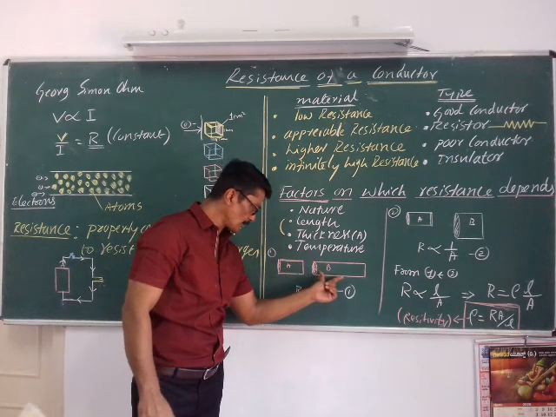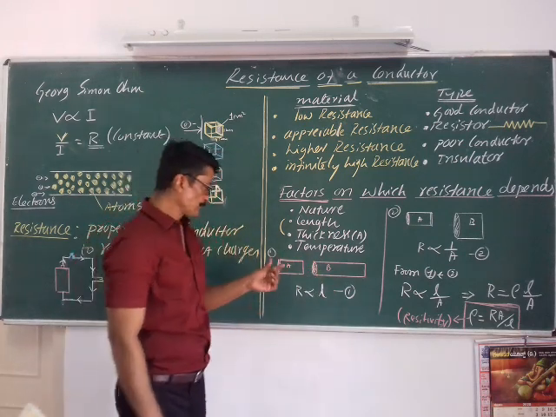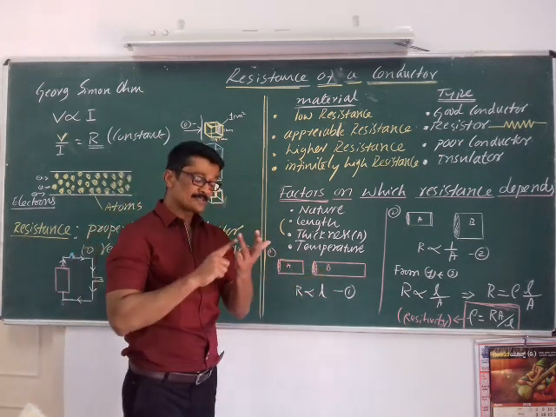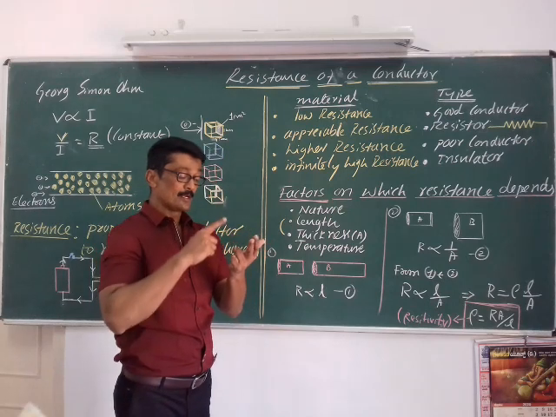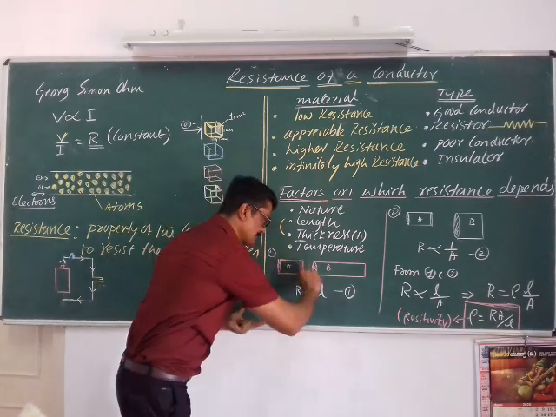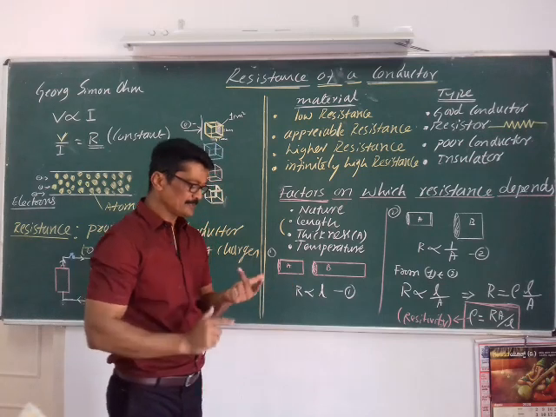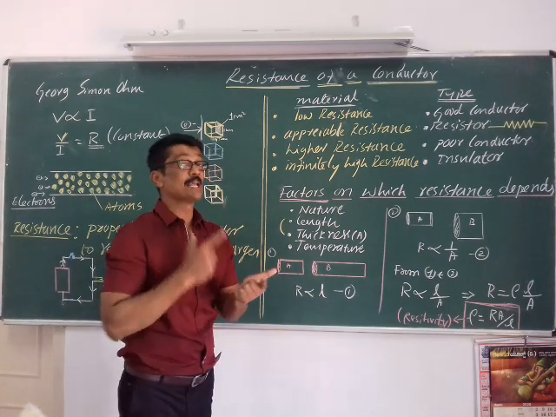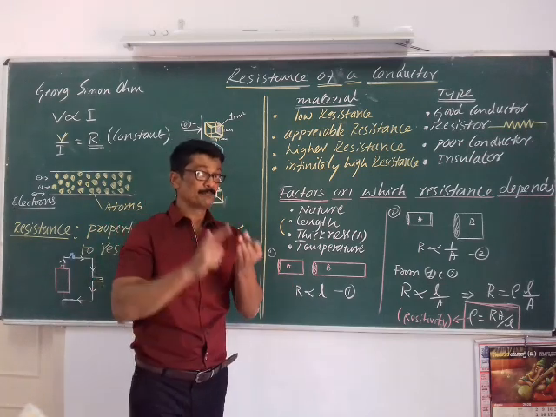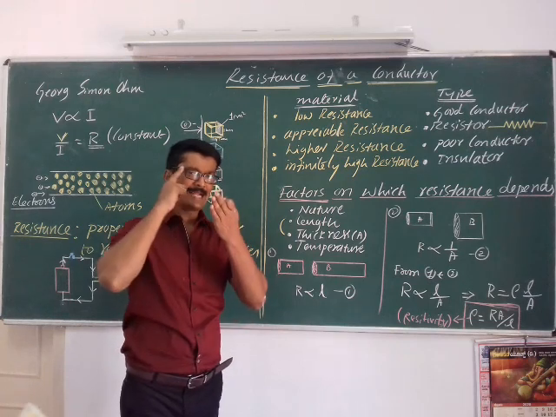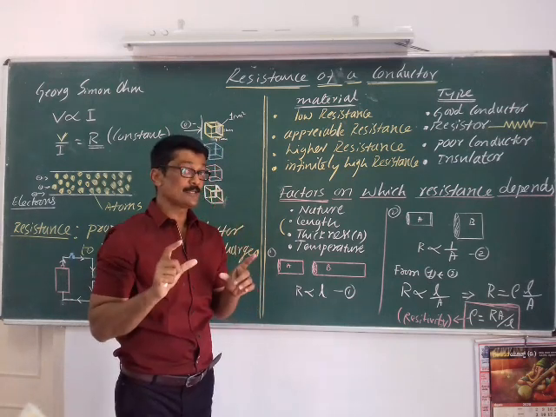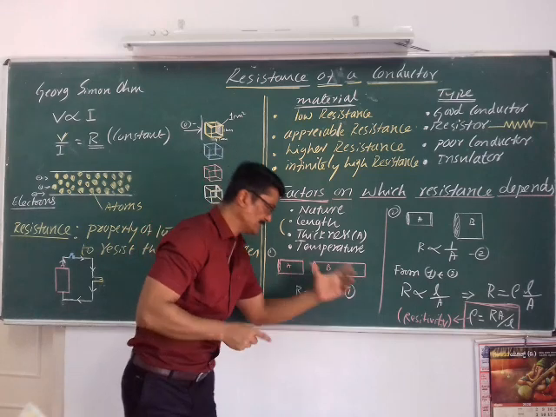This is also copper. They are maintained at the same temperature, same thickness. The area of cross section is the same, and they are of the same material. Only thing is, I have varied the length.